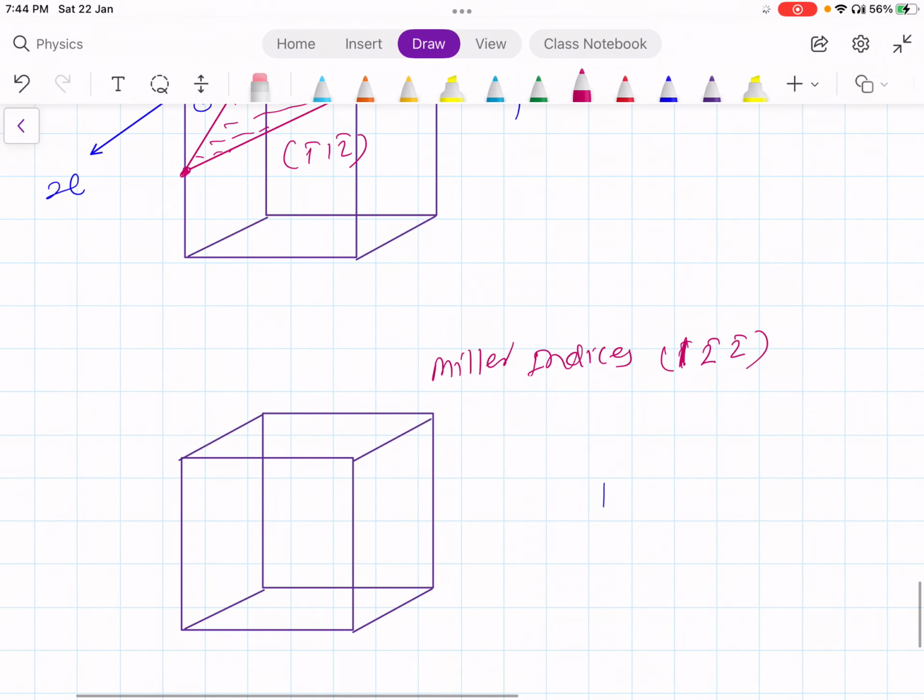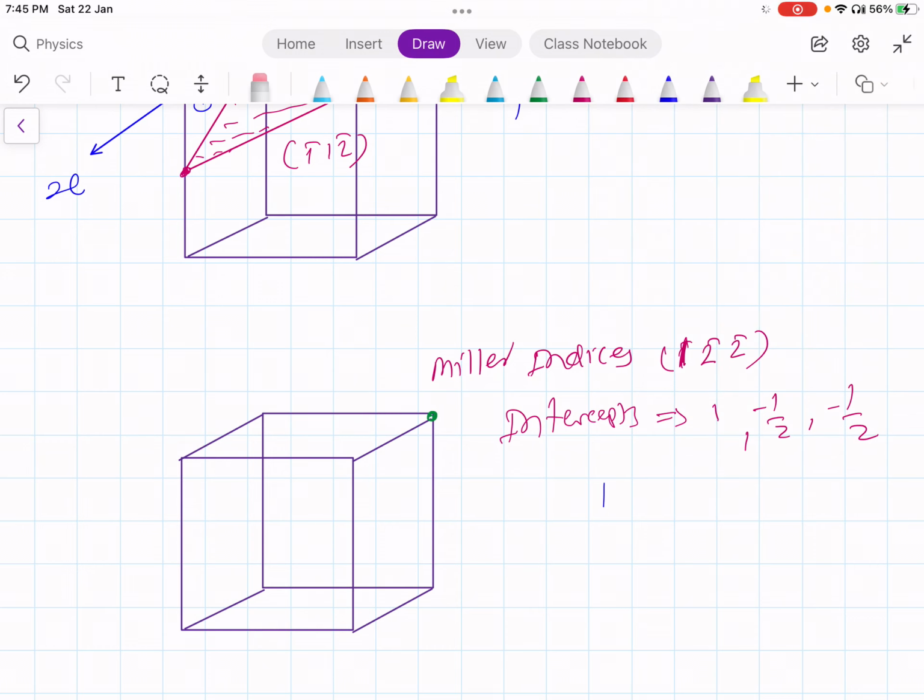So the intercepts are 1, minus half, and minus half. Here what we want is positive x but negative y and negative z. So this should be the point. You get positive x, negative y, and negative z.